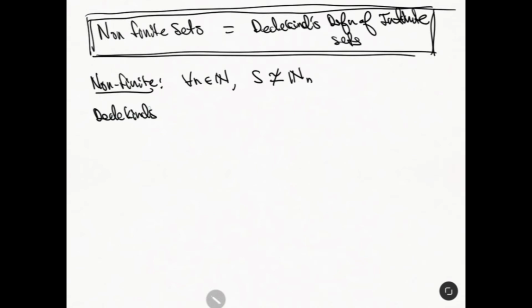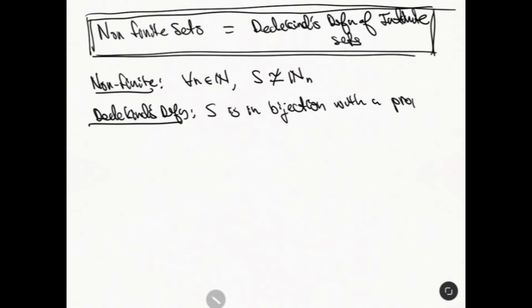so Dedekind's definition of infinite set was that S is in bijection with a proper subset of itself.